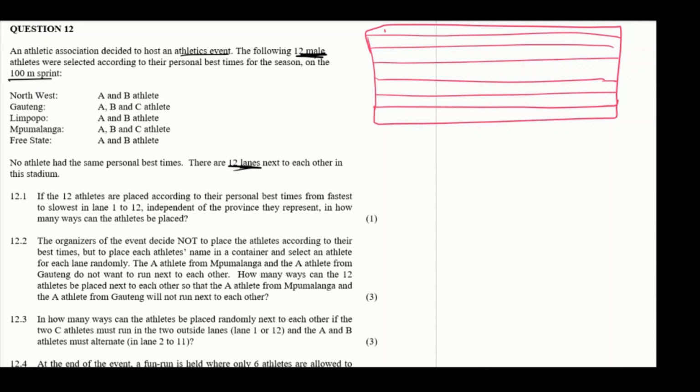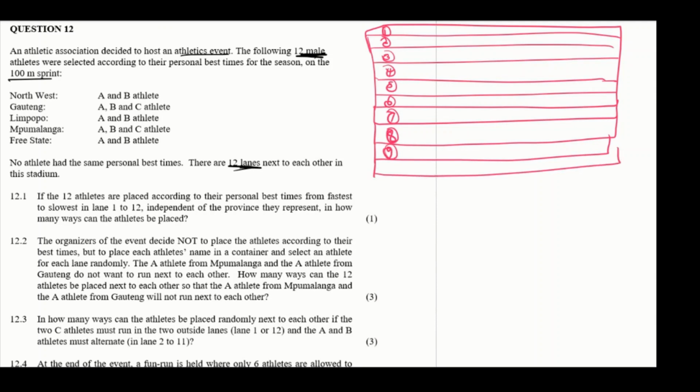This is lane 1, 2, 3, 4, 5, 6, lane number 7, lane number 8, lane number 9, lane number 10, lane number 11, and lane number 12. So there are 12 lanes, and also 12 males.